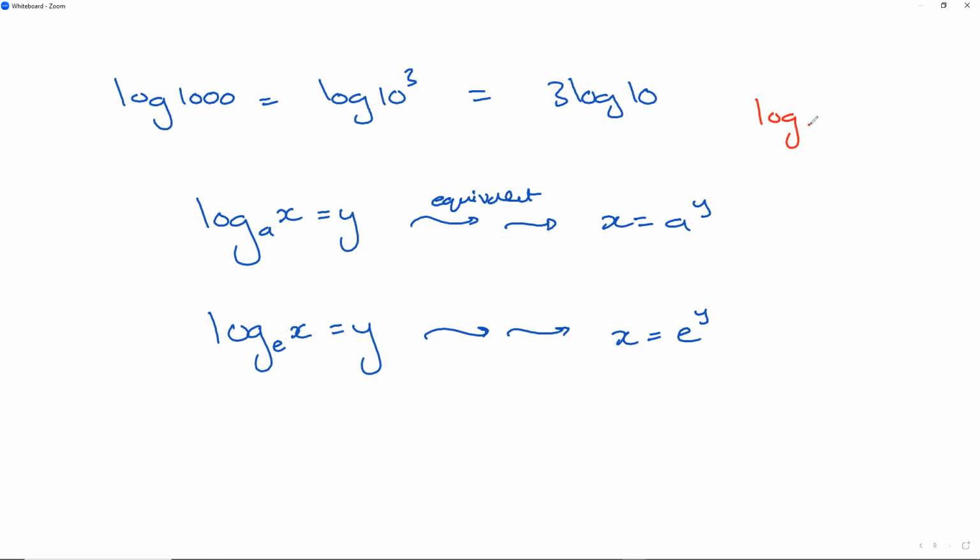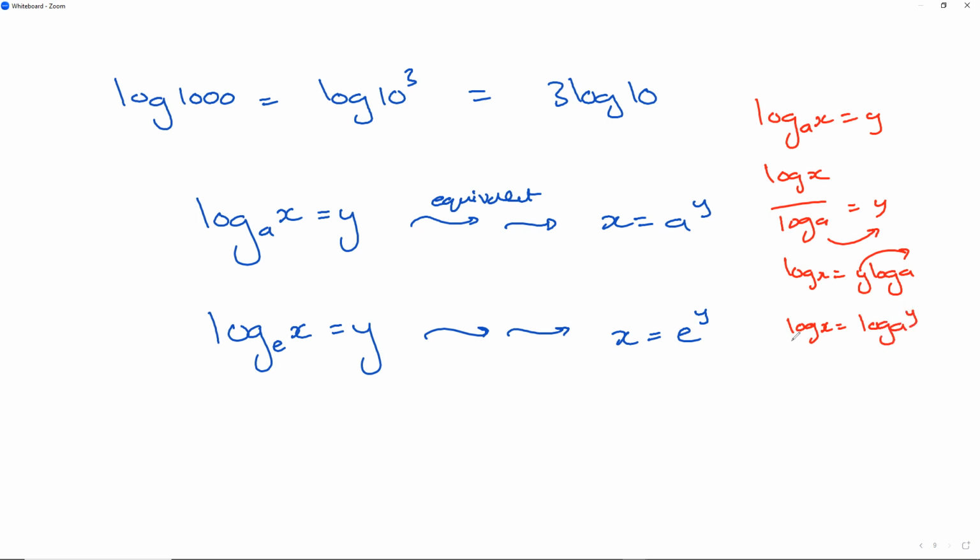Remember, if you've got log base a of x equals y, you make this into log x divided by log a equals y, and then move that across and multiply it, you get log x equals y log a, and then move the power to the top, becomes log x equals log a to the power of y, and then drop the logs, leaving x equals a to the power of y, and that's how we end up there.